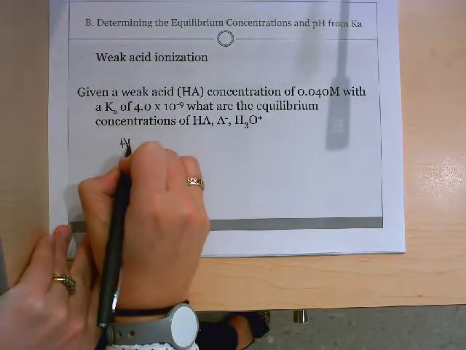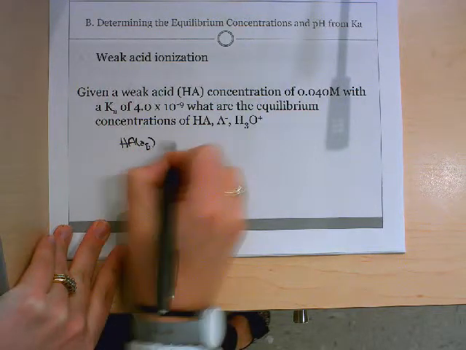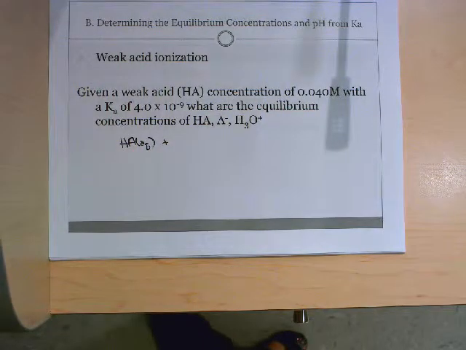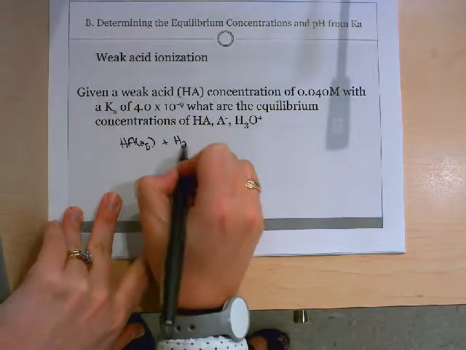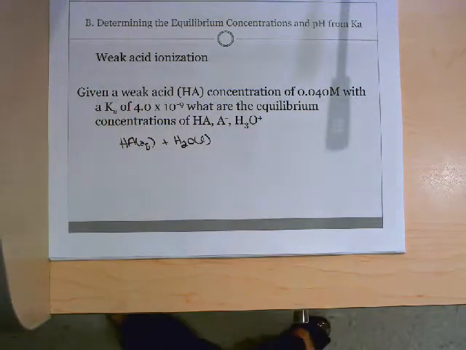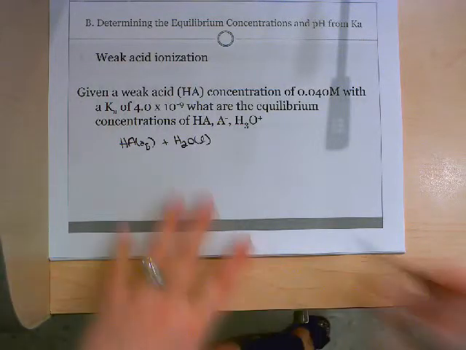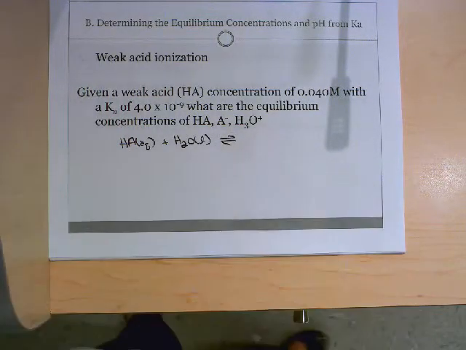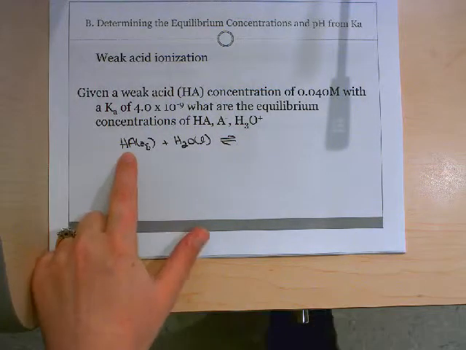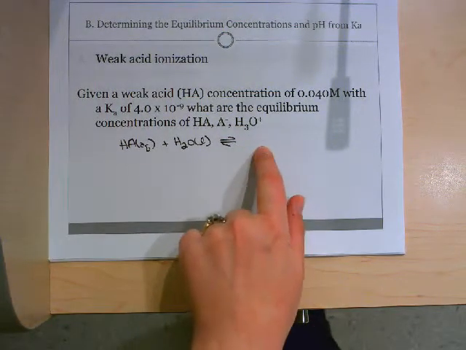So I have my weak acid. If it's a weak acid solution, what does that mean the other reactant is? Water, right? It doesn't tell you anything other than it's a solution, which must mean it's just dissolving in water. So if HA is the acid, what should one of the products be?